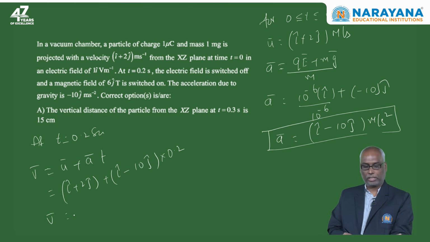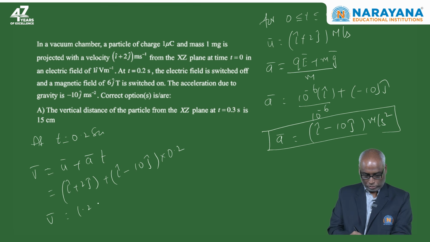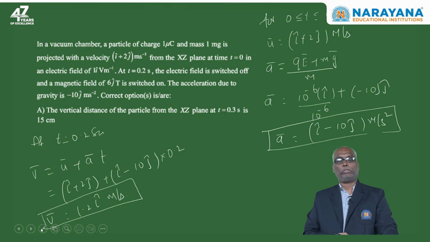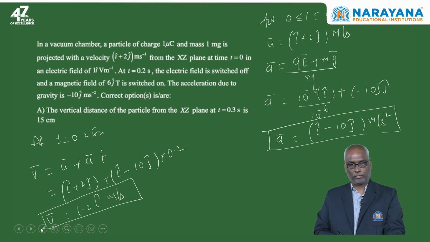So, velocity vector will become equal to, from this equation, 1.2 i cap meter per second. The j component will become 0. This is the velocity. So, at t equal to 0.2 second, at that moment the velocity is along x axis.